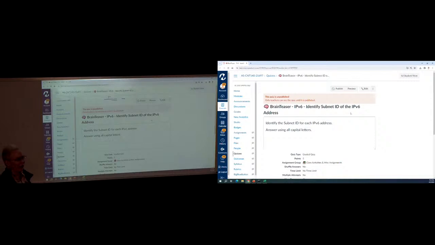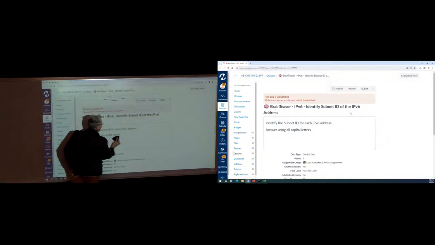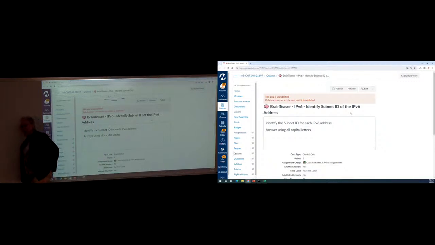This is kind of in preparation of getting ready to do a subnetting problem, okay? And we know that there's how many hextets in an IPv6 address? 8. And which hextet is the subnet ID?